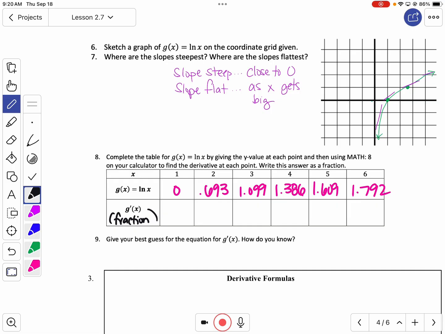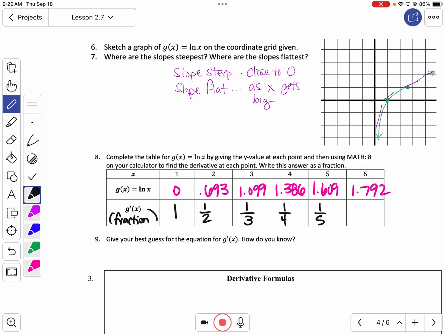For the first one, you should have gotten 1. For the second one, 0.5, which is 1/2. The next one, 0.3333, which is 1/3. Then 0.25, which is 1/4. The next one, 0.2, which is 1/5.